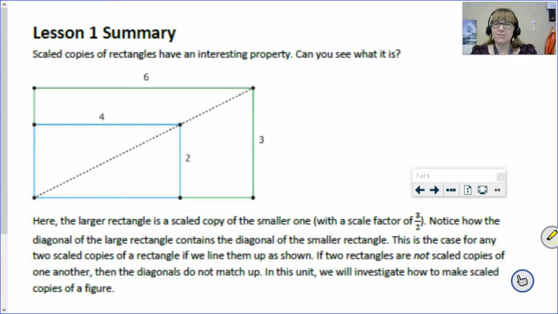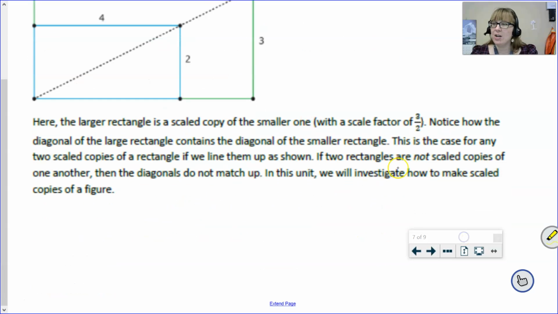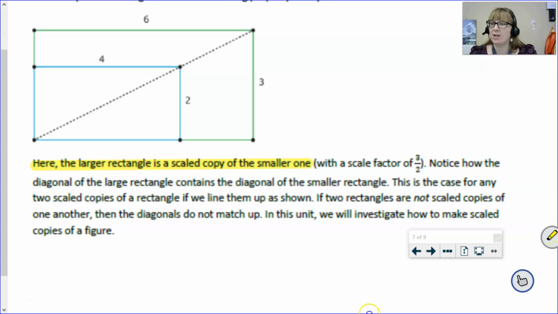Let's summarize. Scaled copies of rectangles have an interesting property. It's demonstrated here. Can you see what that property is? Here, the larger rectangle is a scaled copy of the smaller one, and it even tells us that it's a scale factor of 3/2.